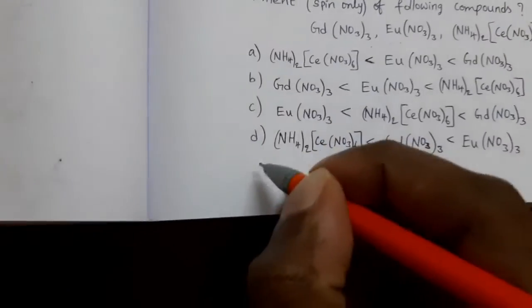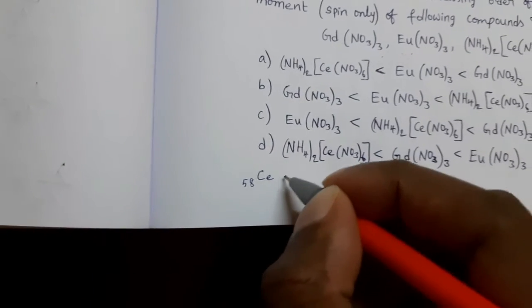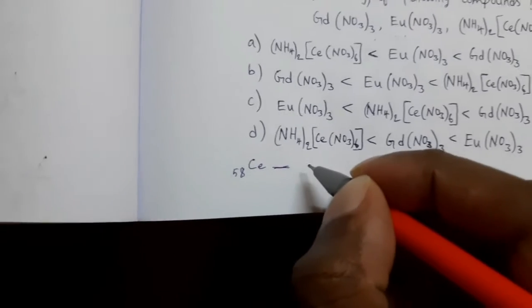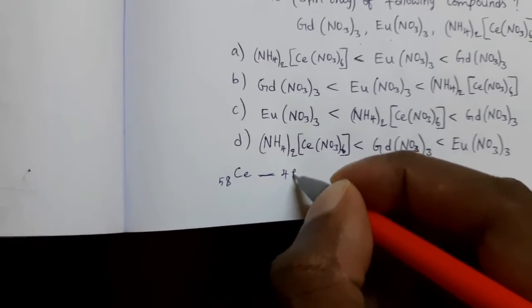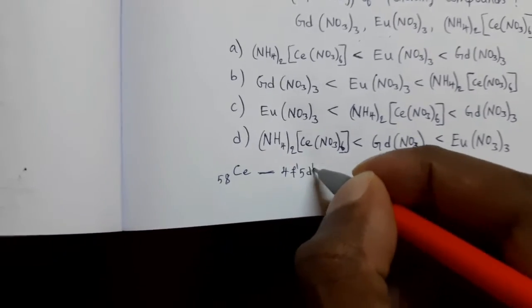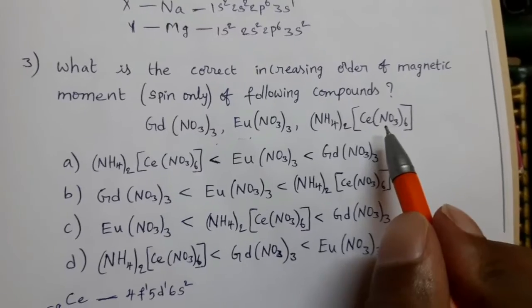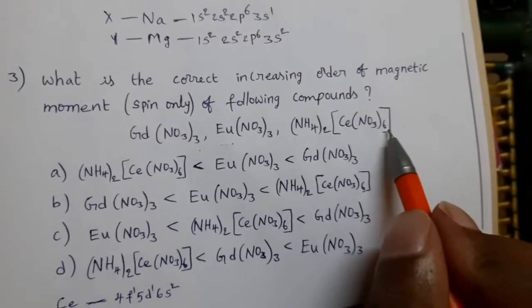Cerium atomic number 58. So it is an f block element, the starting element of the f block series, so the configuration is 4f1, 5d1, 6s2. In this compound, find the oxidation state of cerium. NO3 minus, how many? 6.